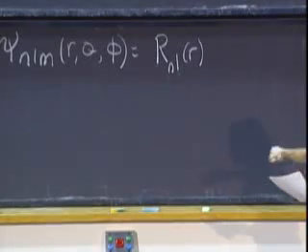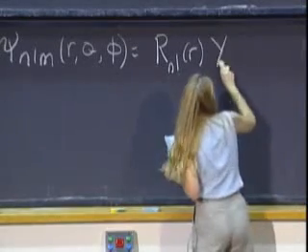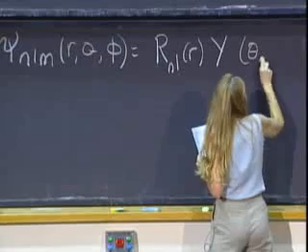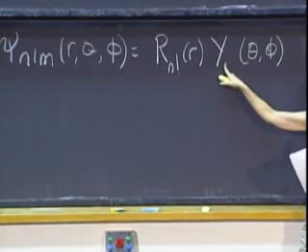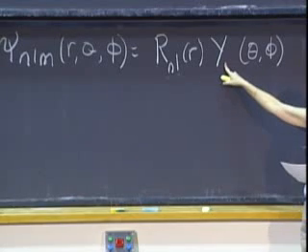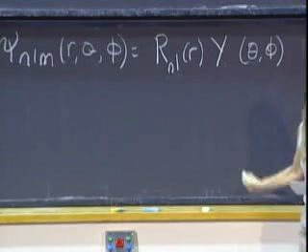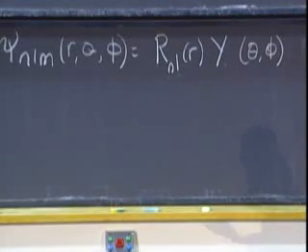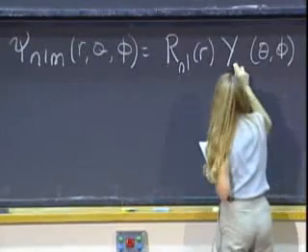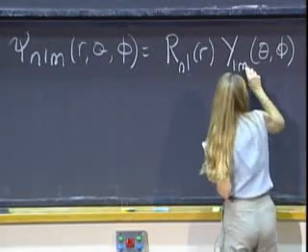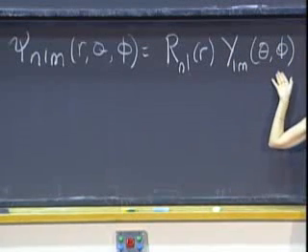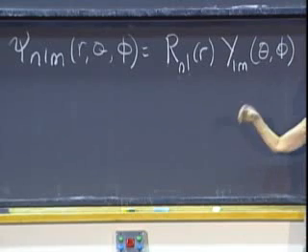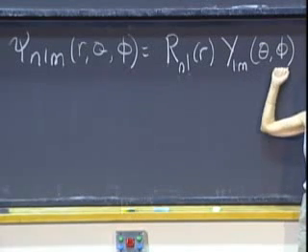The function that is a function only of the angles, theta and phi, we're going to call Y. This is the angular part of the wave function, and it is labeled by only 2 quantum numbers, L and M. Sometimes for short we just call it the YLMs. So there's a radial part and an angular part.